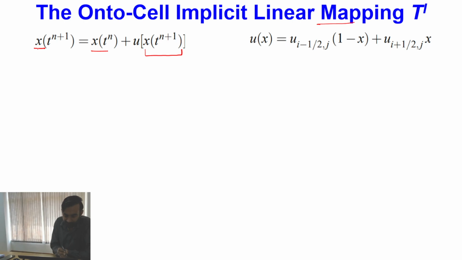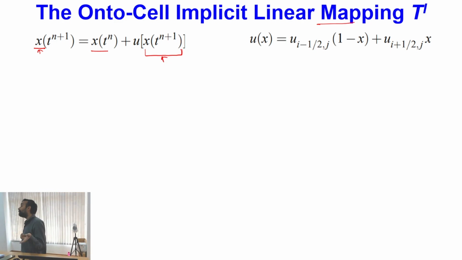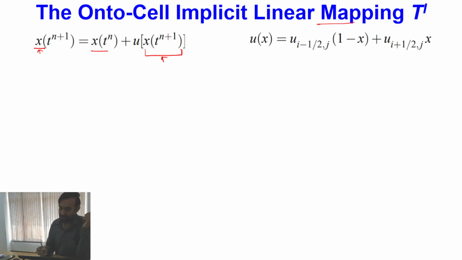So here you can see the position is being calculated at time n plus 1, and for that, the velocity data I am using is also taken from time step n plus 1. If it is being taken from time step n plus 1, what does it mean? It means the approach is implicit. And again, we have to do linear mapping. What is the meaning of linear mapping?